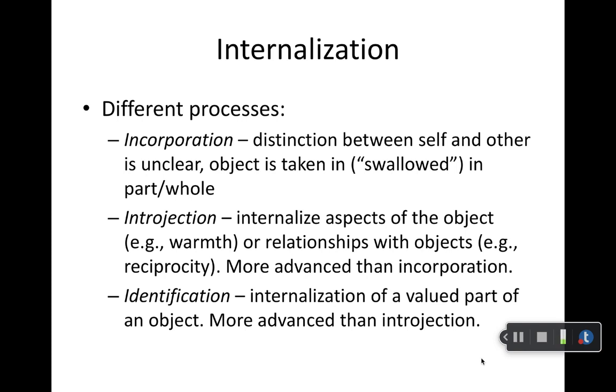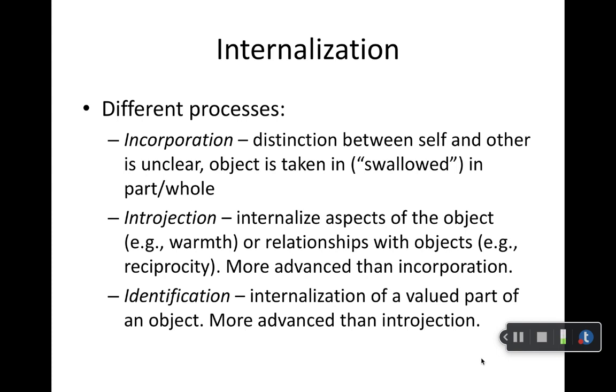So in infancy, little ones don't know the difference between themselves and others, but they may incorporate experience in the form of kindness or abusive treatment, but it's taken in whole as it is, and there's no distinction that this is another person treating me in this kind or not so kind way. It's just taken in.